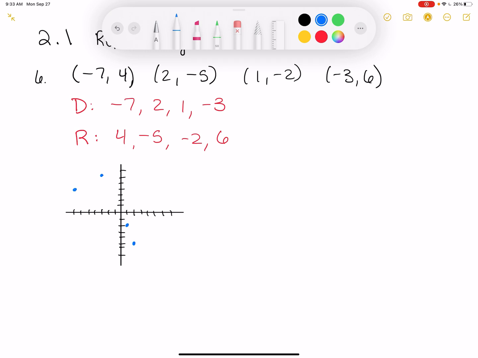Alright, and then it wants a mapping diagram, which is going to be our input-output table. Easy. You have to label these. So your inputs are all of the x values, and the outputs are all the y values. Now, it is not acceptable for you to say, I'm just not going to write the domain and range, and I'm just going to write over here that this is the domain and this is the range.